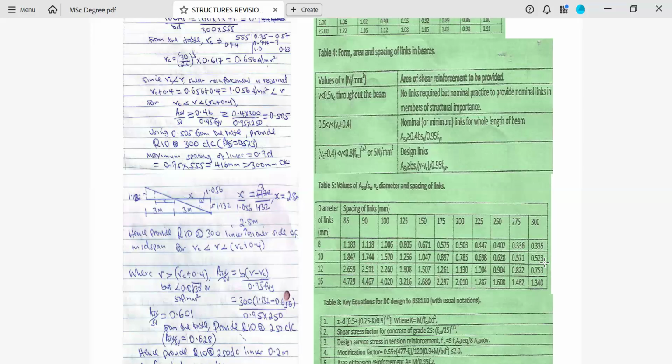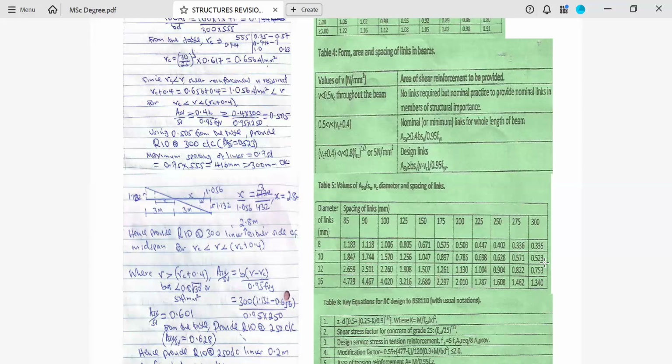That's why I conclude and say, hence provide R10 at 300, 2.8 meter either side of midspan for this value, because this is a case where V lies between VC and VC plus 0.4.